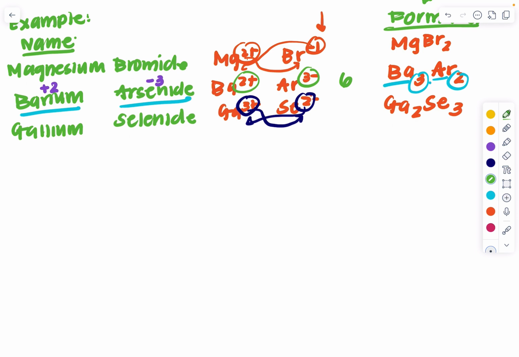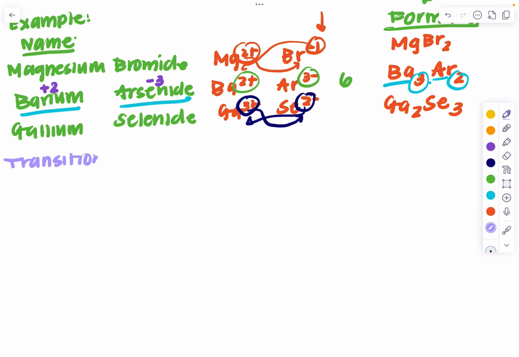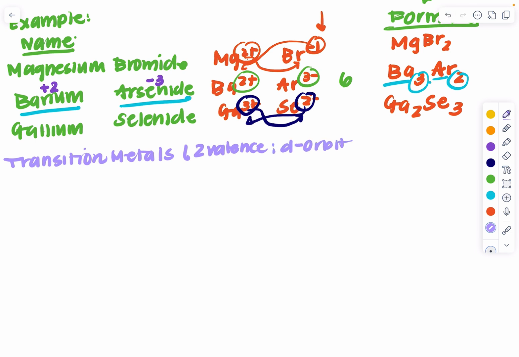Now, one thing that we want to cover before we end is this idea of what if we have transition metals in our name or formula? We haven't really talked about those in terms of ions. We know that they all have 2 valence electrons, but because they have a d orbital, that d orbital has space for up to 10 electrons.